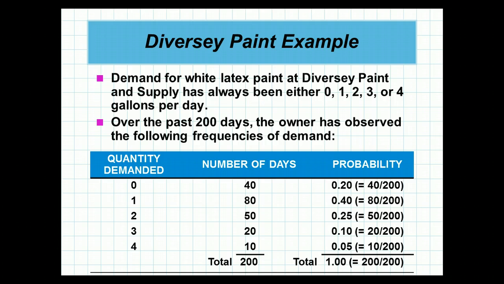So we've continued down for each quantity that's demanded and determined what the probability is of that number of gallons being demanded. And we see that all of the probabilities total 1. So there's a 100% chance that one of those quantities between 0 and 4 will be demanded.